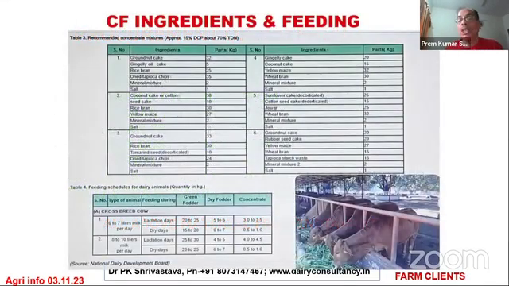So this is the actual combination we are giving now. Please take a photograph of it. This is from TANUVAS, Tamil Nadu University of Veterinary Science. Various compositions have been given in this, and it is called 15% DCP, digestible crude protein.